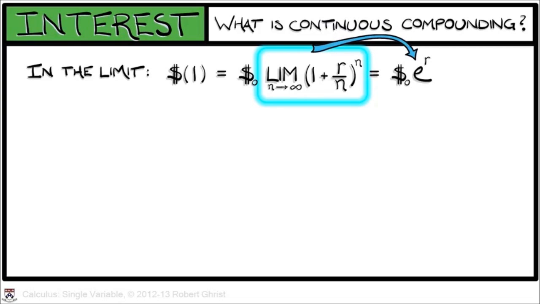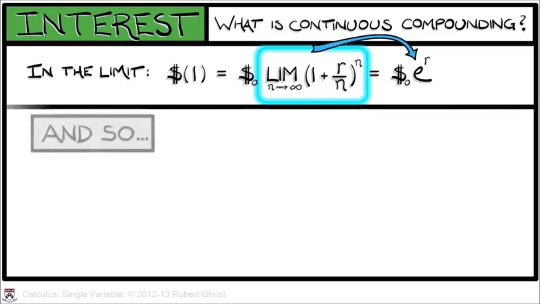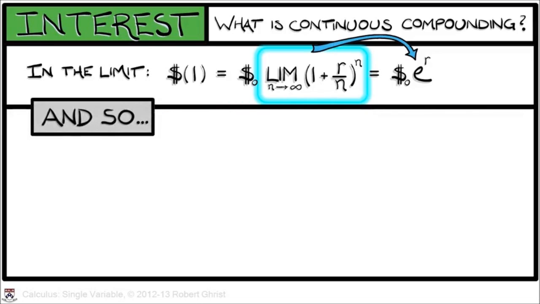This is a hint that the standard linear differential equation is really behind what's happening in continuous compounding. Let's see how that falls out. If we look at the amount of money at time t plus a small increment, 1 over n, then, according to our previous reasoning, this is the money at time t times quantity 1 plus r over n.